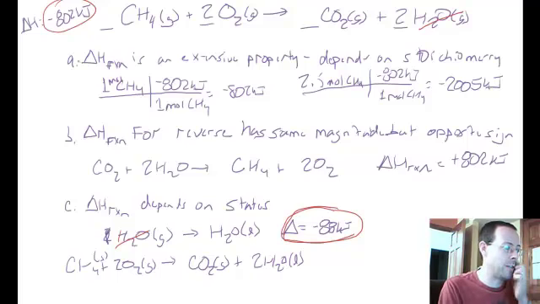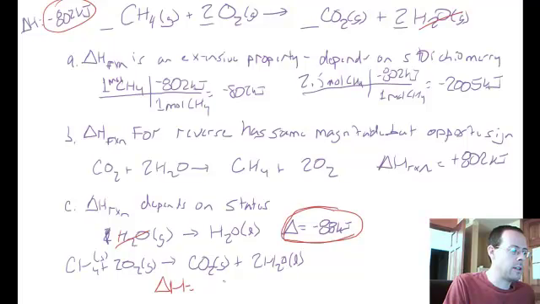So essentially we add these two and find that our delta H for this last reaction is negative 890 kilojoules.